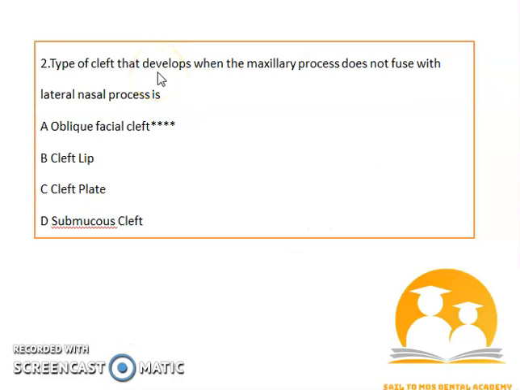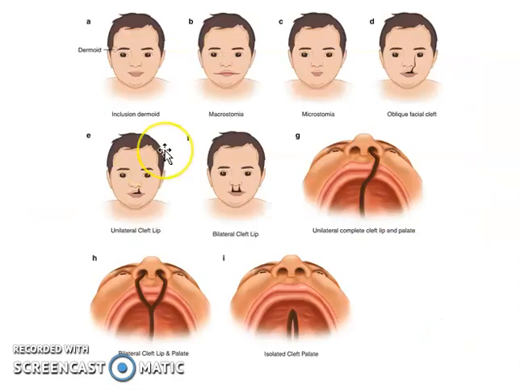Now we see the second question. What type of cleft occurs when the maxillary process does not fuse with the lateral nasal process? We have four options: oblique facial cleft, cleft lip, cleft palate and submucous cleft. The correct answer is oblique facial cleft. We'll see different types of cleft in children and other features like inclusion dermoid and macrostomia.